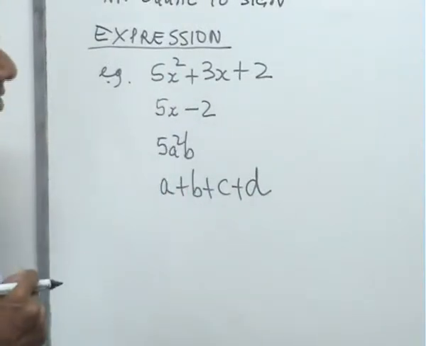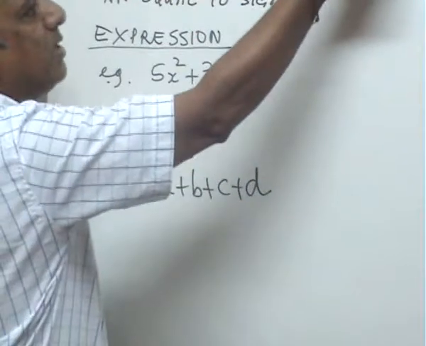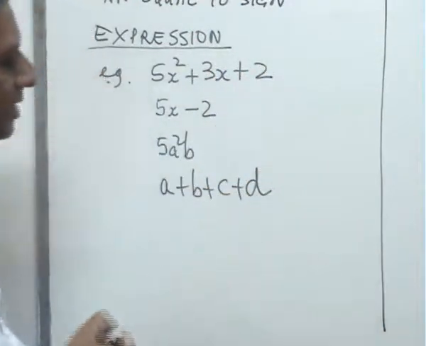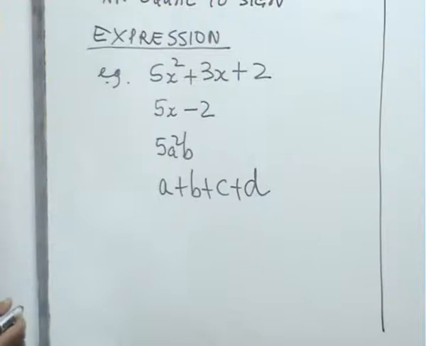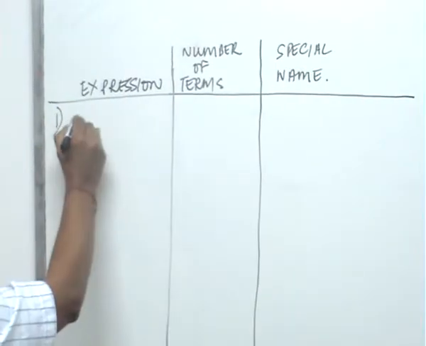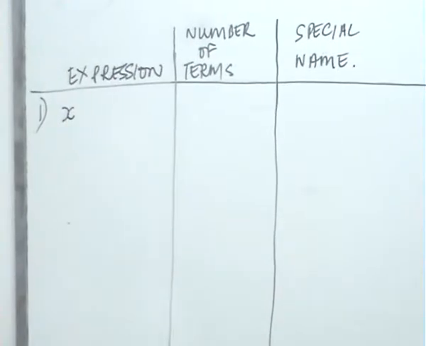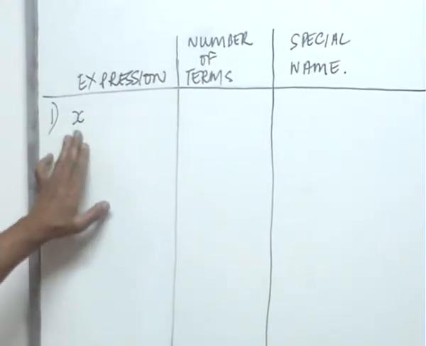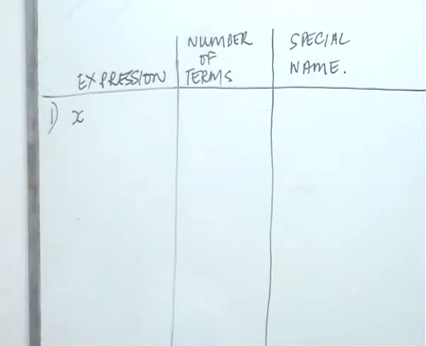Okay. Now, expressions are given special names. So I'm going to move on to that now and explain to you when does an expression get a special name. Right, so let's have a look at a number of expressions. Let's say I wrote only x here. Then this expression has only x in it.